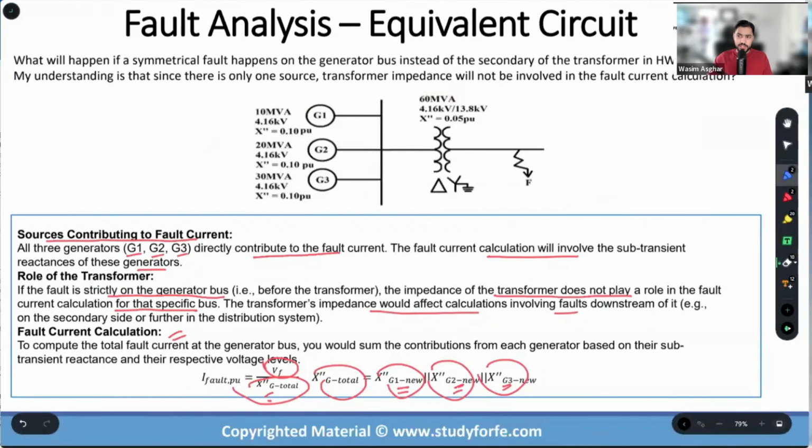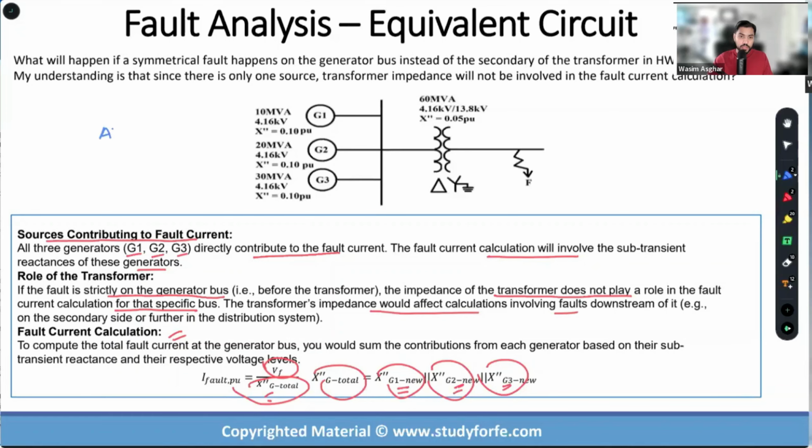So if the question is asking for actual values like fault current values, like impedance values, and so on, then they don't necessarily have to provide you information about the base. Please listen to this carefully. I think I mentioned this in per unit as well. If the question is silent about base recommendation, they cannot test you on per unit values.